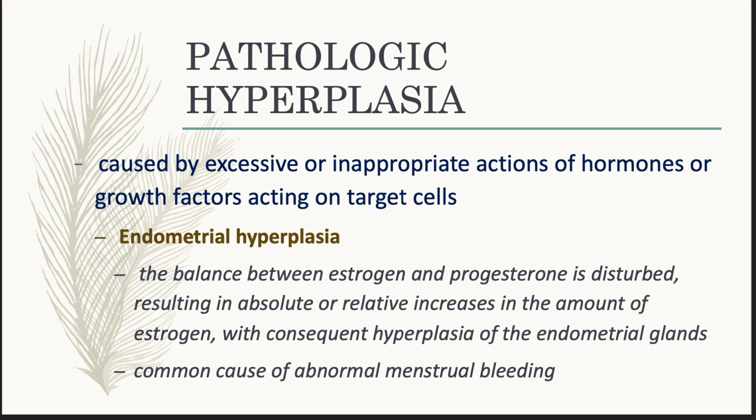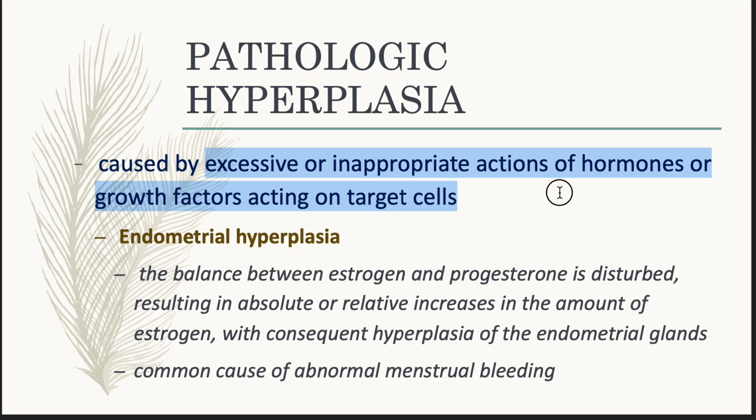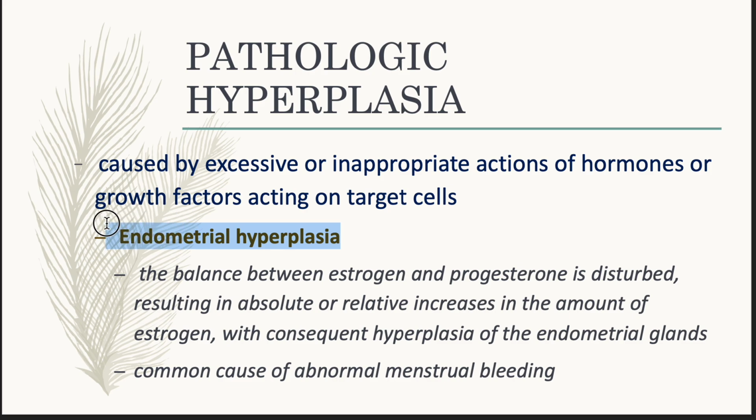So hormonal hyperplasia is triggered by hormones, of course. Pathologic hyperplasia is abnormal. This is caused by excessive or inappropriate actions of hormones or growth factors acting on target cells. So in endometrial hyperplasia, the balance between estrogen and progesterone is disturbed. You know from your anatomy and physiology that there should be a balance between your estrogen and progesterone in a cycle.